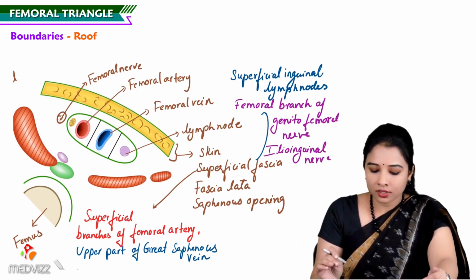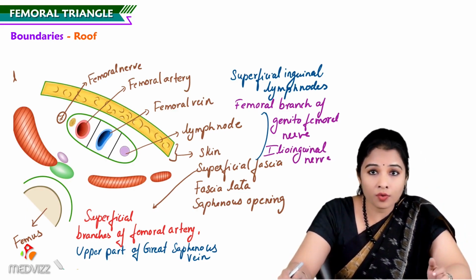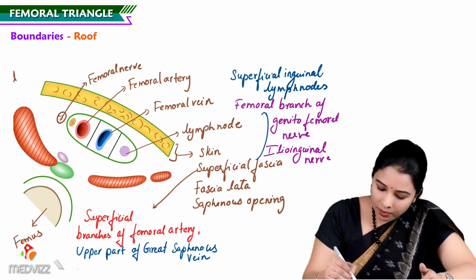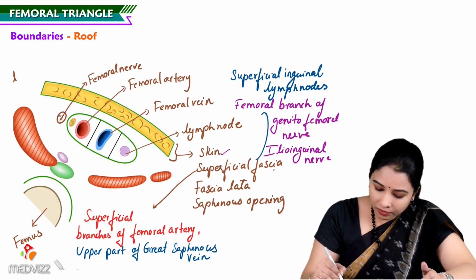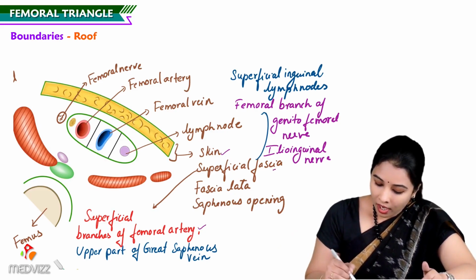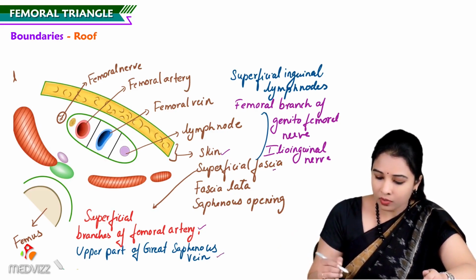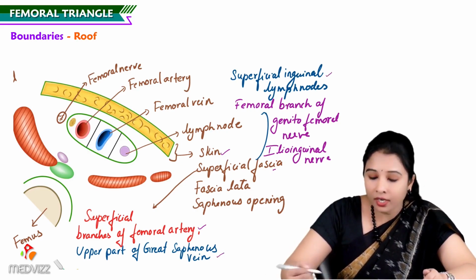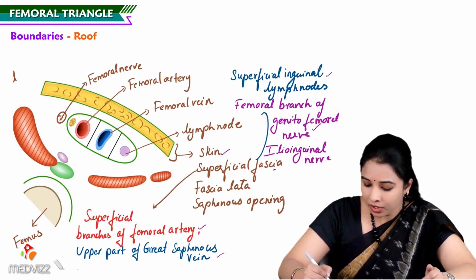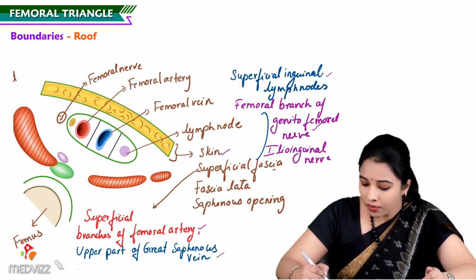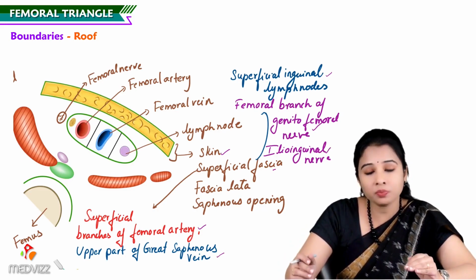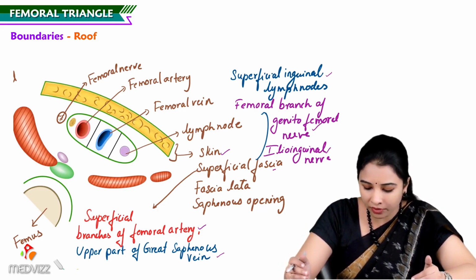So these are the structures present within the roof of femoral triangle. I'll just repeat again. It is formed by the skin, superficial fascia containing the superficial branches of femoral artery, upper part of the great saphenous vein, superficial inguinal lymph nodes, then the femoral branch of genitofemoral nerve and branches of ilioinguinal nerve. So these are the structures present within the superficial fascia.